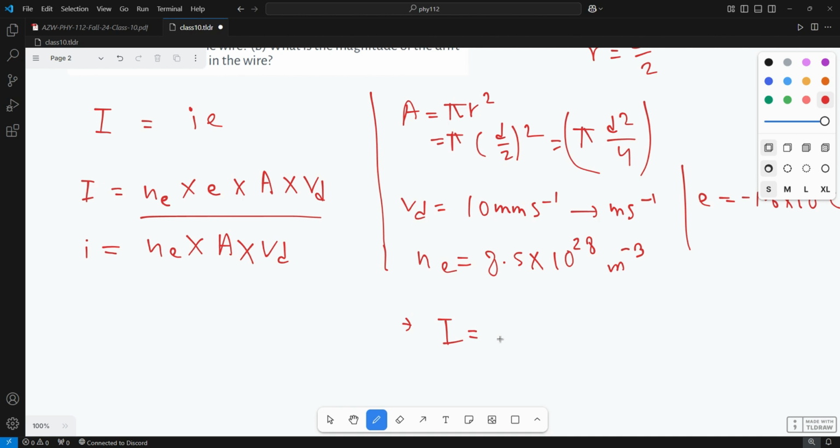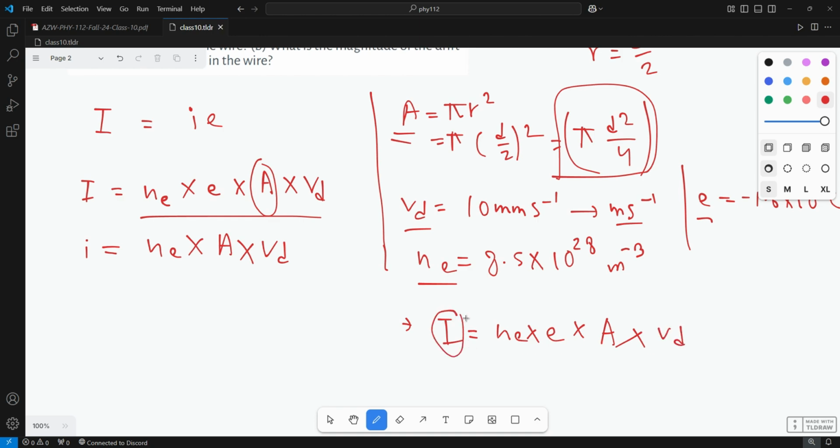So we can just plug these values into this formula. I is equal to this n e times this e times the area of cross section of the wire, which is this A, times this drift velocity, which we will convert into meter per second.